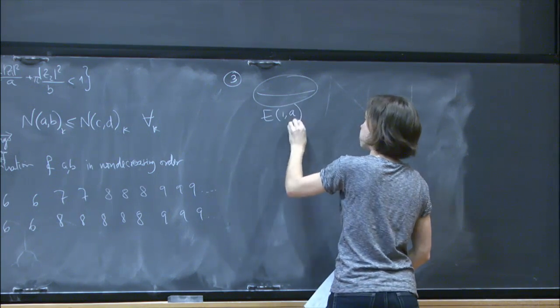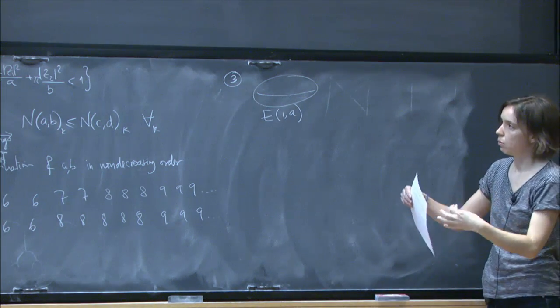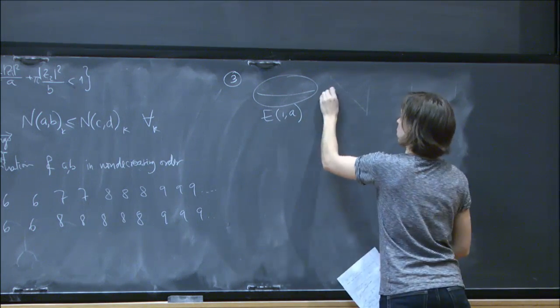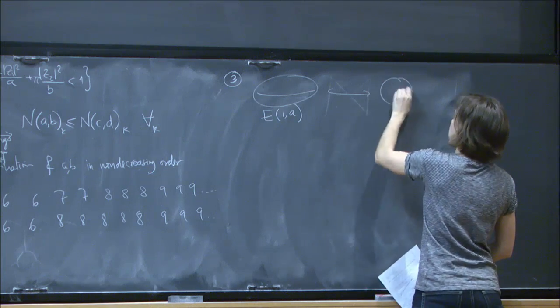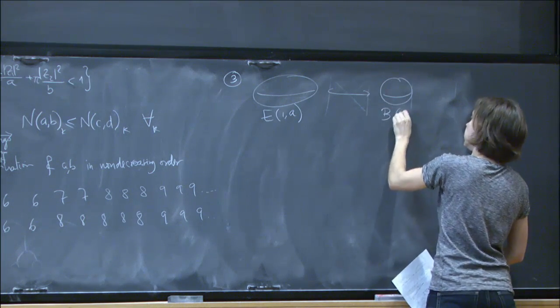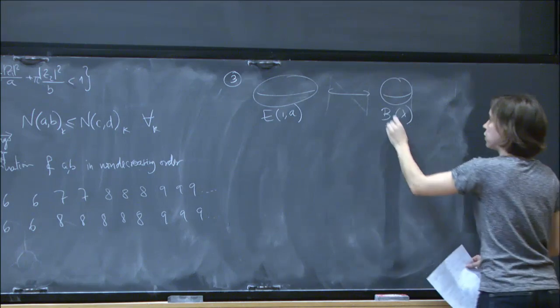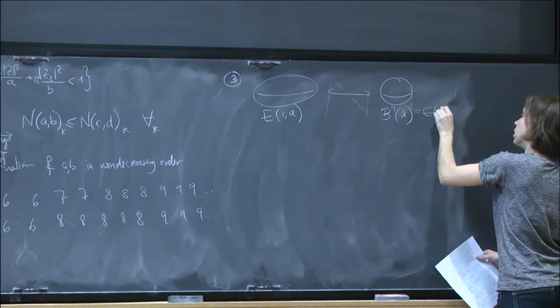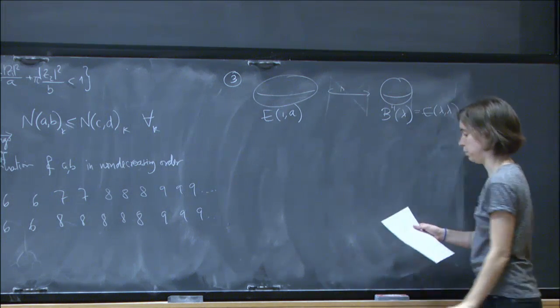So if I'm just worried about the relative ratio of the A and B, I might as well just call it E1A. And then a ball of radius lambda, that's E lambda lambda.